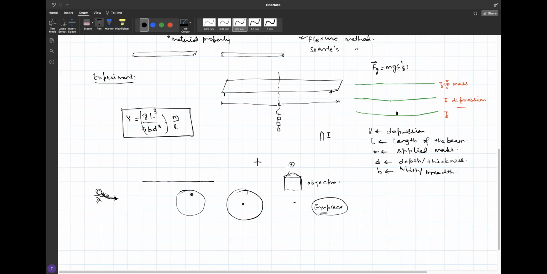If you want to see that tip, which has a very sharp point, you need a microscope, because it's difficult to see it carefully by eye. Now the tip can be here, here, or anywhere, but the best way is to put it at the center. So what the crosswire does is tell you where the center is, and then you just focus it somewhere here. That's all, nothing more than that.